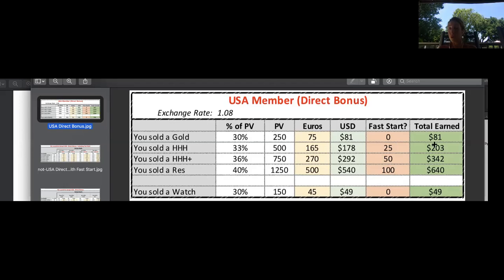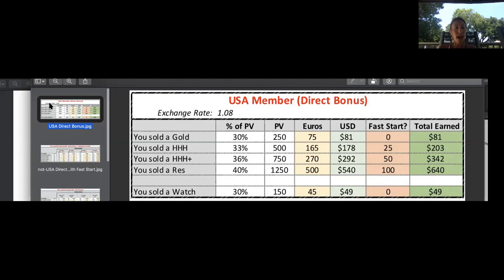So when you add that up, during your Fast Start period, your first 30 days, you earn 640 US dollars from selling a Resonance. So very, very generous compensation plan that they offer for direct bonus.